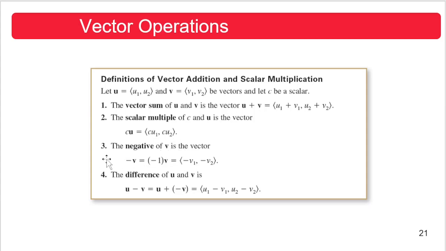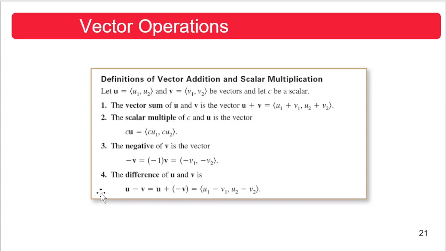Okay, the third operation is the negative of the vector B. When you take the negative of vector B, we are multiplying each component of this vector B by negative 1 to get negative B sub 1, comma, negative B sub 2.